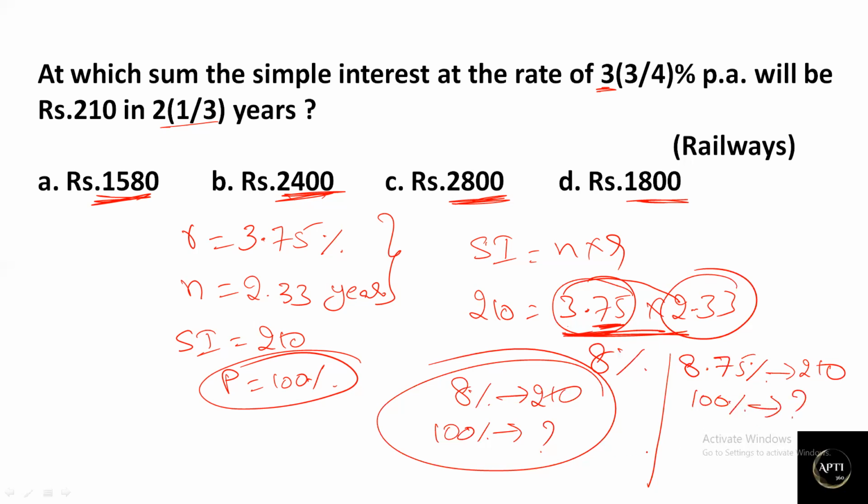With the exact value, the answer is 210 into 100 divided by 8.75, which gives you the exact value 2400. So the answer is 2400. Or else it's better to go with the approximate value. No need to worry about it. If you have a basic calculator on the screen, you can use it just to multiply those two values. I hope you are all clear with this question.